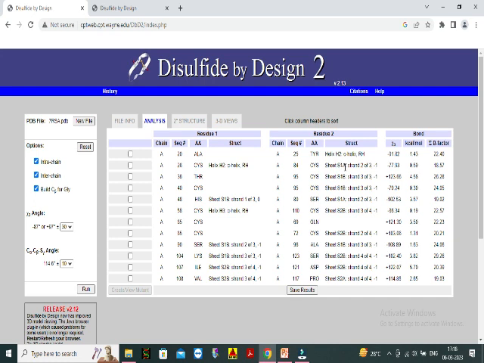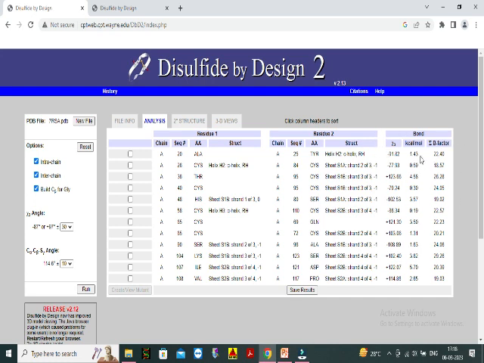All these, the torsion angle, bond energy and beta factor, are properties of the disulfide bond of residues 1 and 2. In this way you can analyze the result given by the Disulfide by Design 2 tool: which amino acid residues can form a disulfide bond with which other amino acid residues, and what the properties of the disulfide bond are.